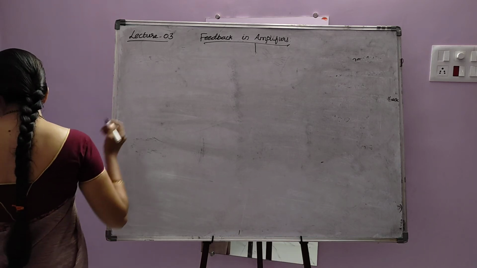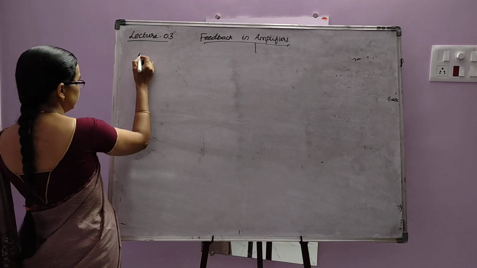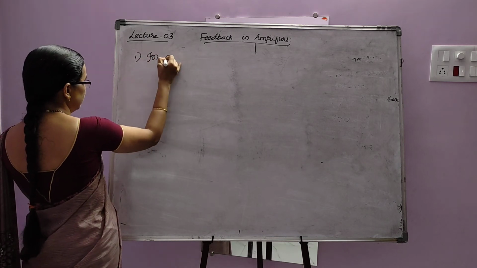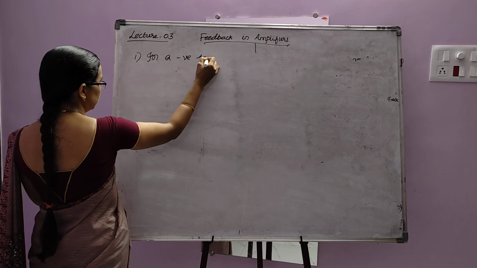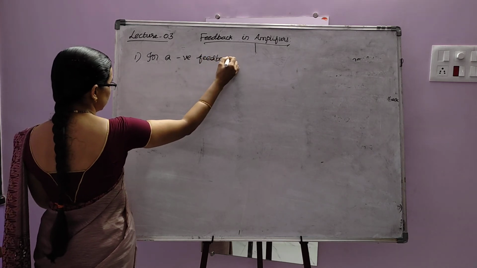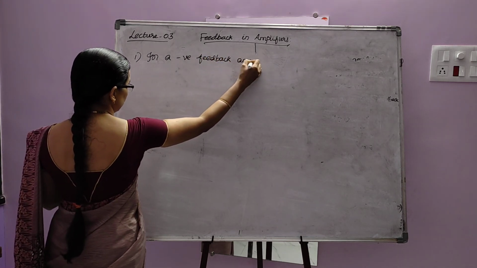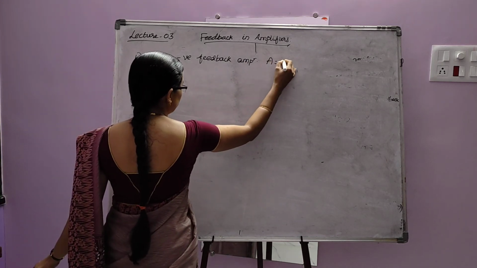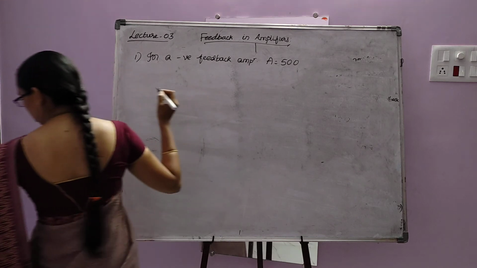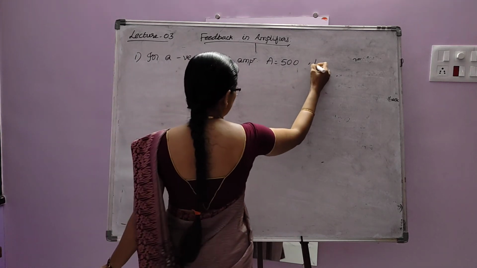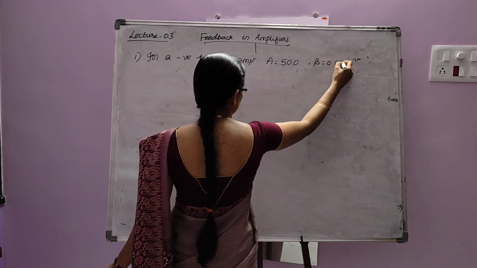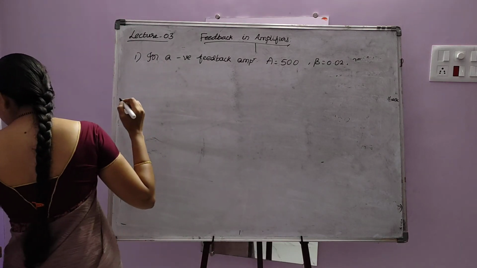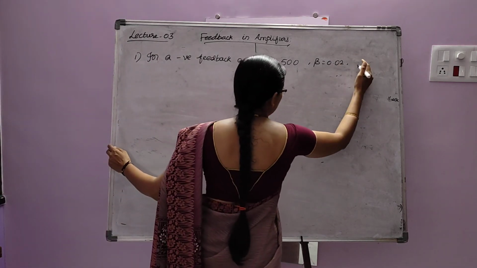A negative feedback amplifier has the following parameters: A is equal to 500, beta is equal to 0.02, and Vi is equal to 5 millivolt.